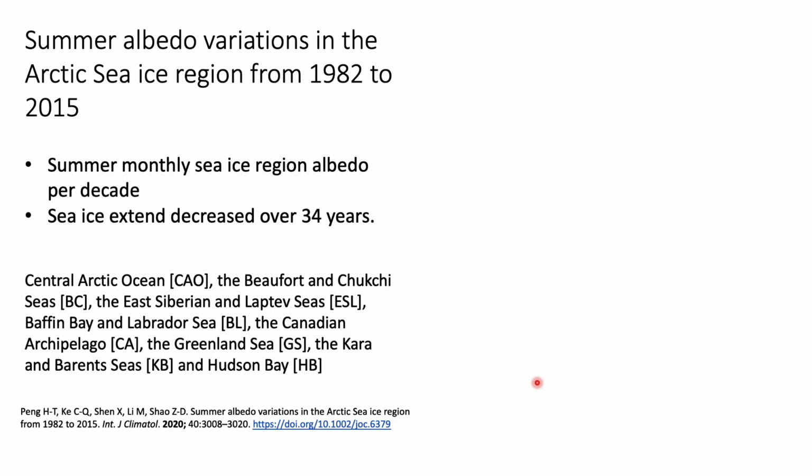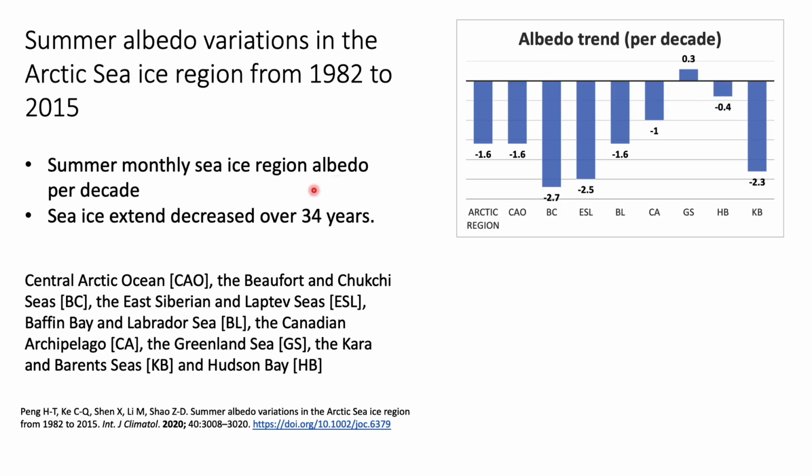So here are some of the summer albedo variations in the Arctic Sea region from 1982 to 2015. Here we can see the summer month sea ice region, the per decade albedo trend. There are around 9 regions given. The first one is the entire Arctic region, and then we have different segments.